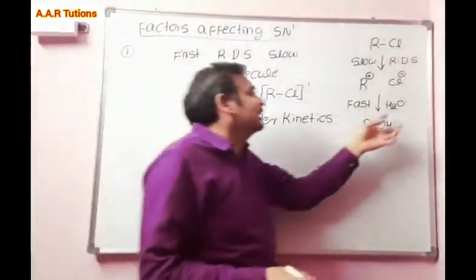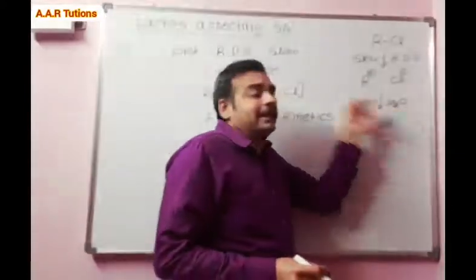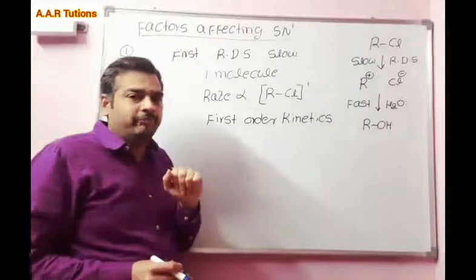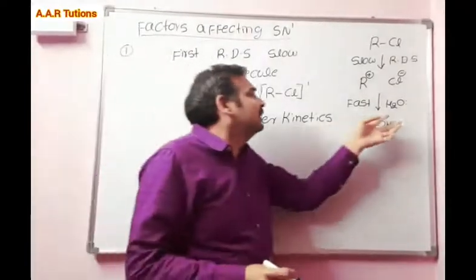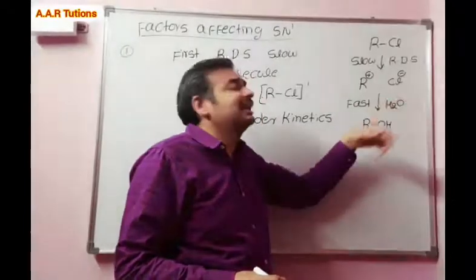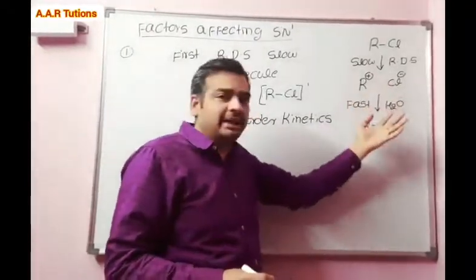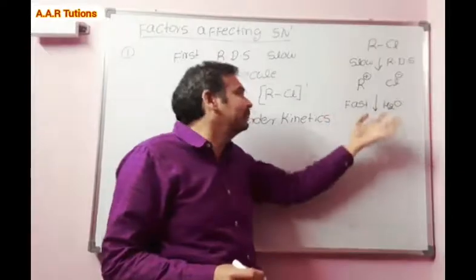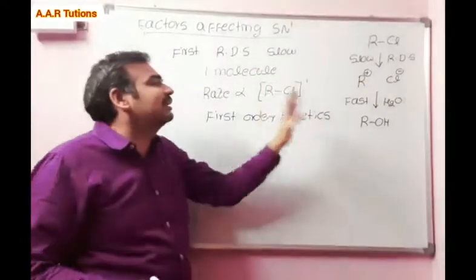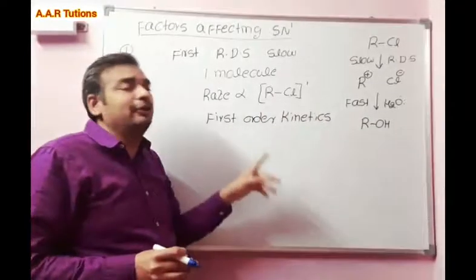Suppose if you increase the concentration of the water 10 times, rate of reaction will not change. Why? Because rate is not depending on this step. This water will attack after formation of a carbocation, after the rate determining step. That's why rate is independent of the concentration of the second nucleophile.